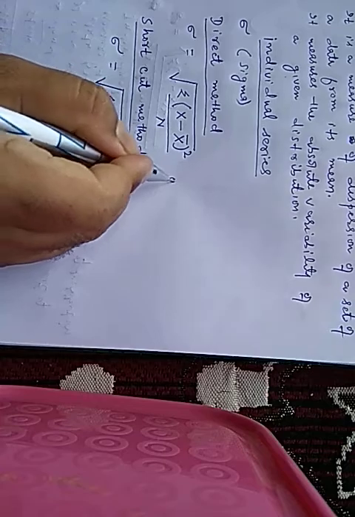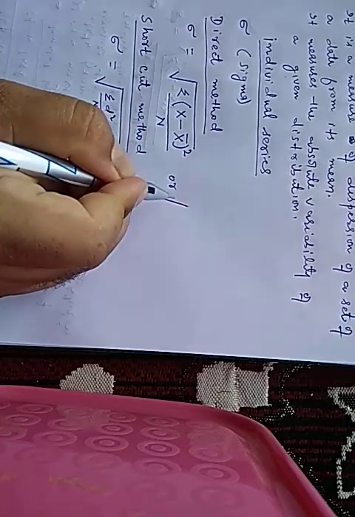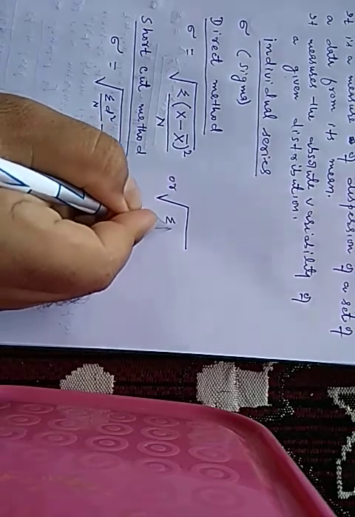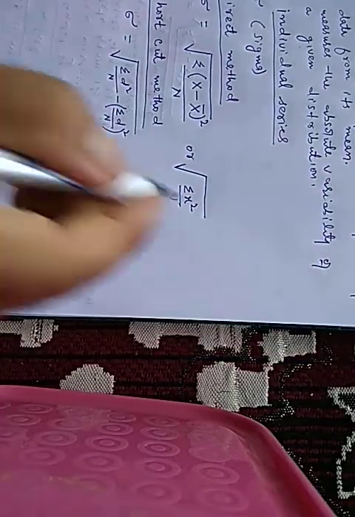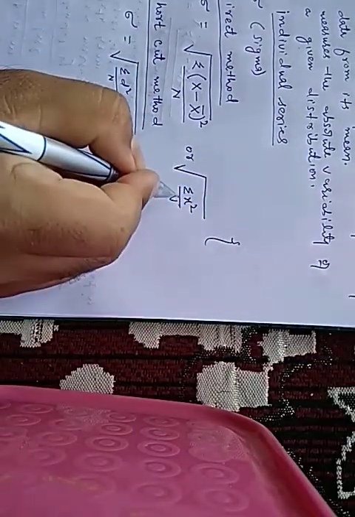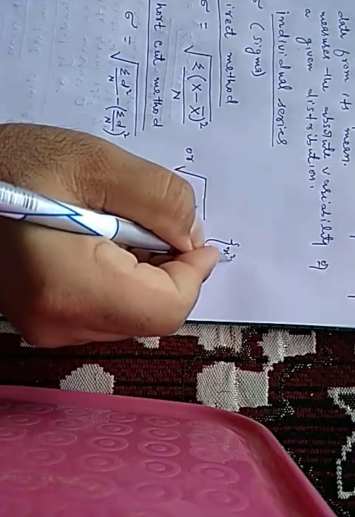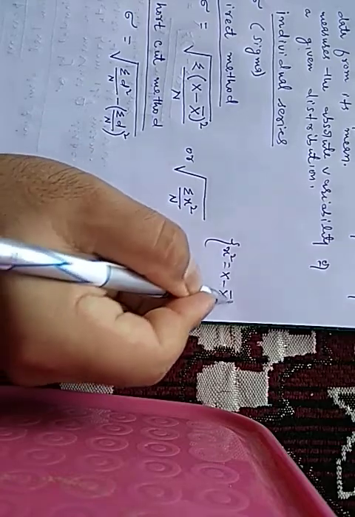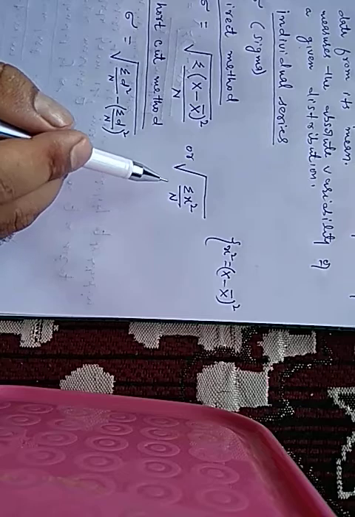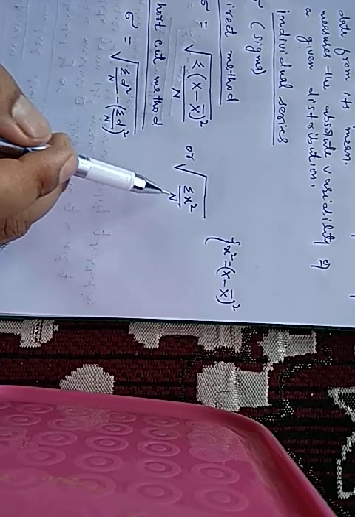This formula can be also written as under root of sigma x square divided by n, where this x square, it is equal to x minus x bar whole square, because in some books you will find the formula written in this form, so you may not get confused.